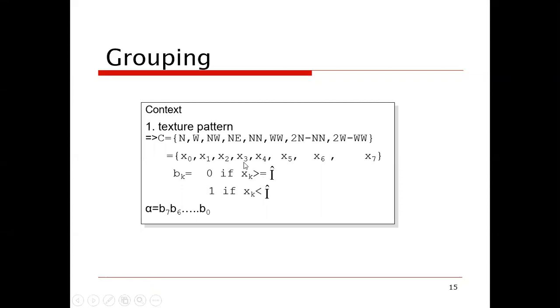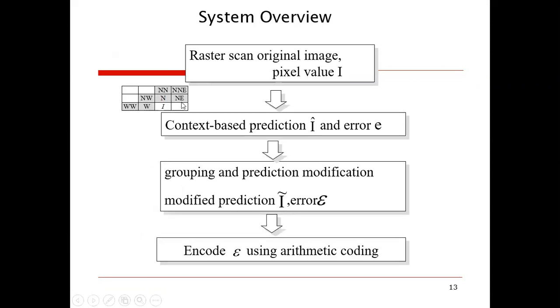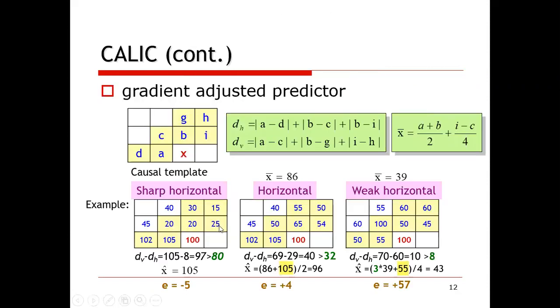Again the next value is X3. X3 means NE. What is NE? See here, NE is this value. So see the example: this 25 is less than I bar. I bar is the predicted value of the given pixel I, so it is 105. 25 is less than 105, so again B3 will become 1.